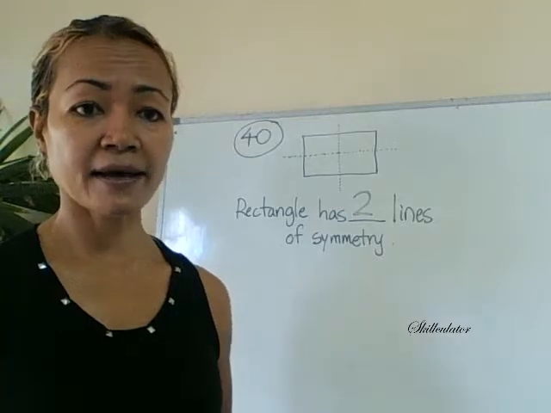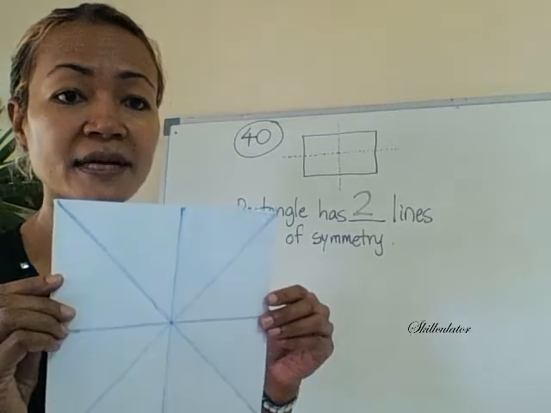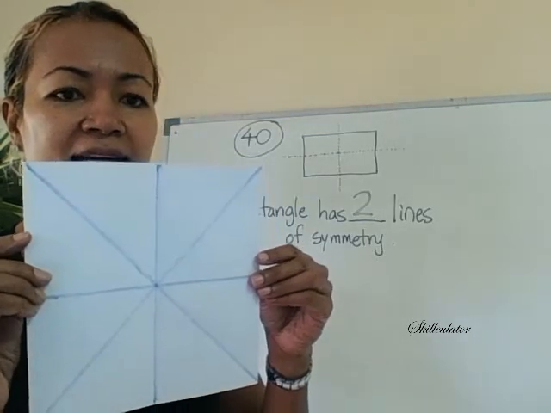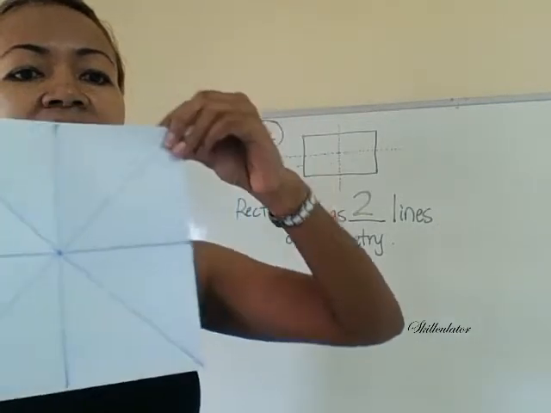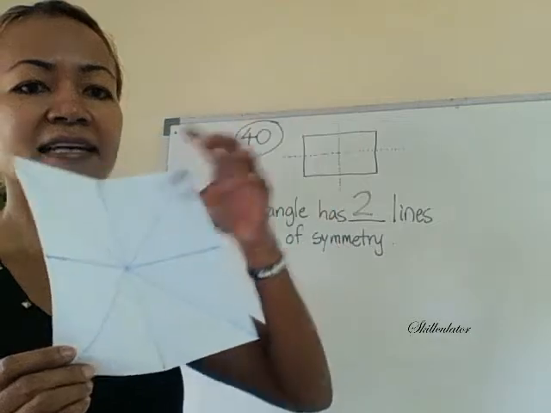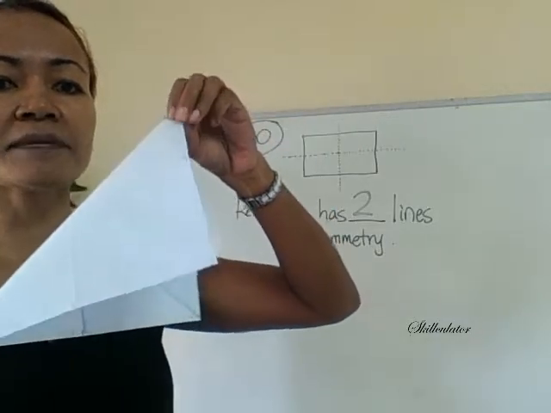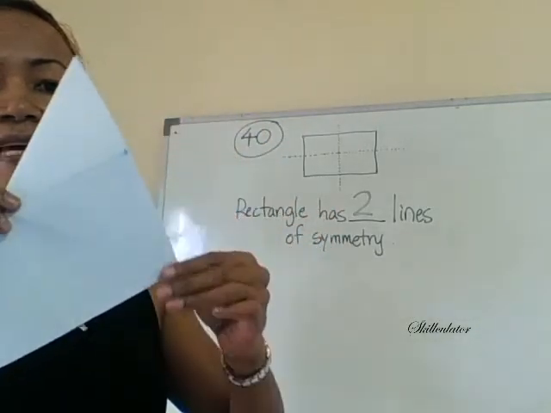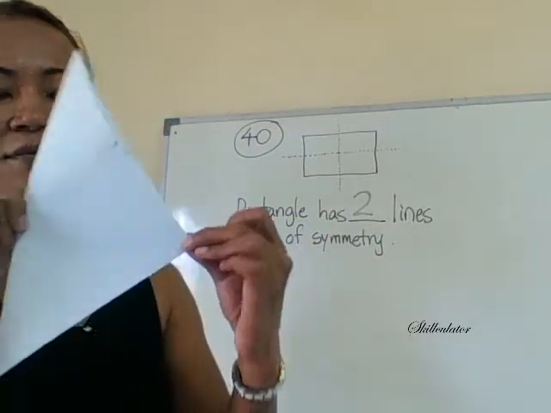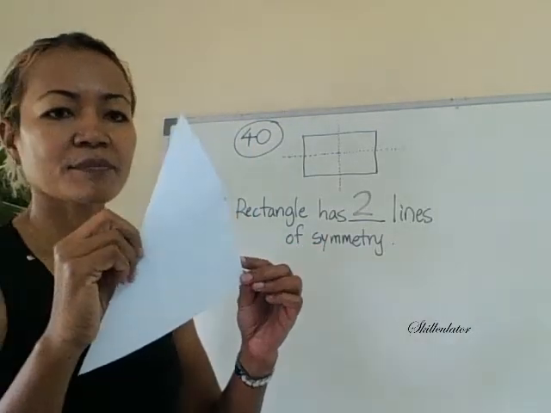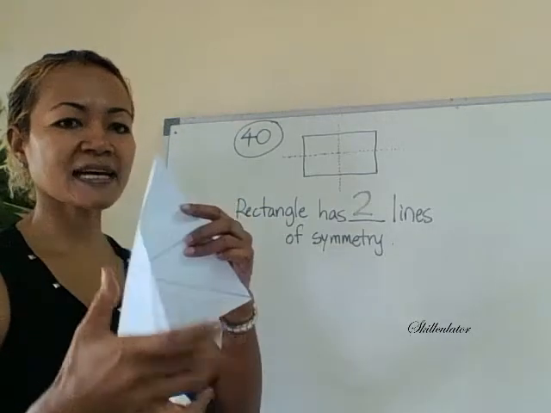A square. Square is a little bit different from a rectangle in that a square, if you fold it along the diagonal, that is from one corner to one corner, it matches exactly. See? Matches exactly. Because the square, all sides are the same.